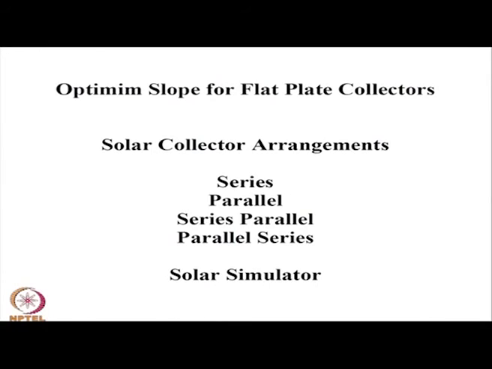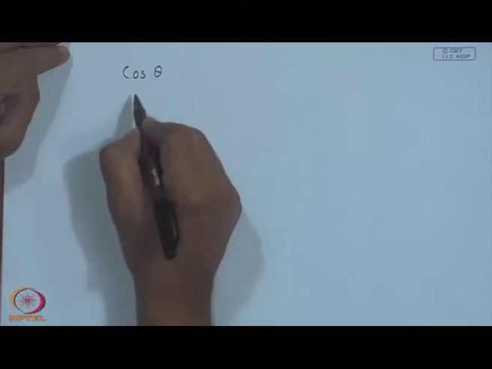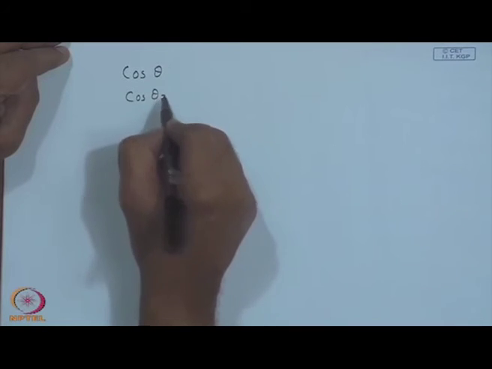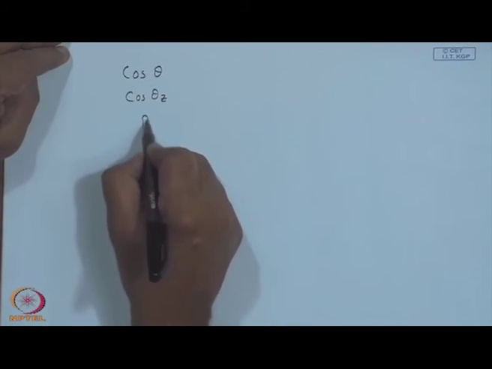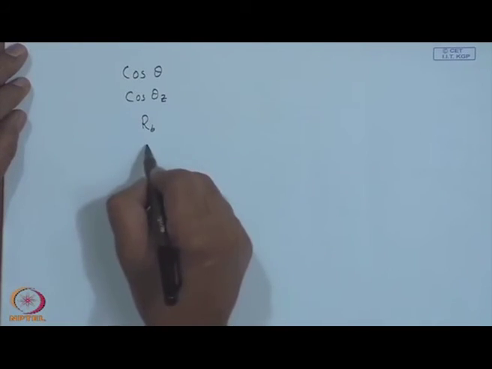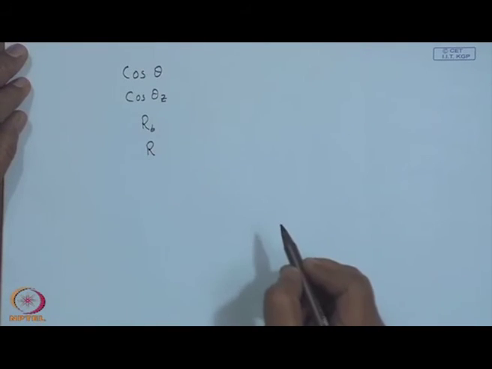Now, we have been talking so much about angle of incidence for the surface and for the horizontal surface, and the direct radiation tilt factor and the overall tilt factor.